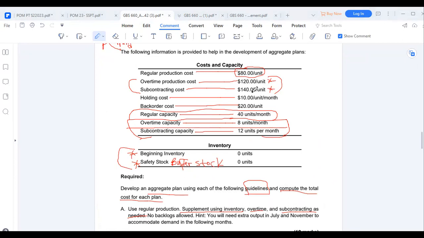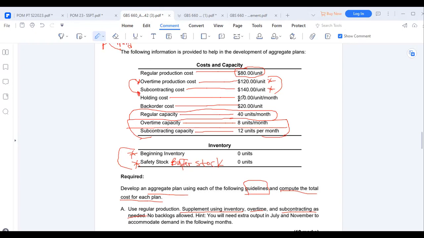The subcontracting is $140 per unit. So these are the costs that we have.